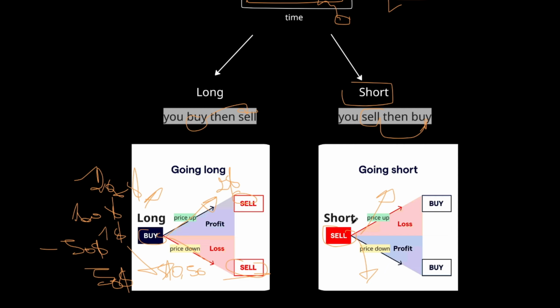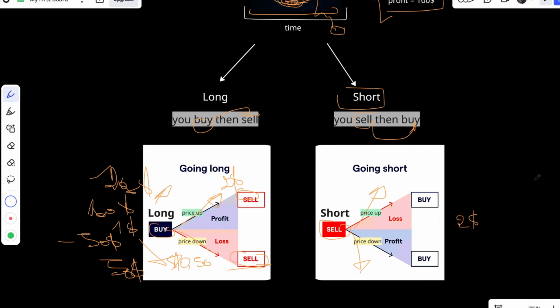Let's get an example. Say you are shorting at $2. If price goes up to 4, and if price goes down to 1, for example. Let's do 3 to simplify. If price goes down, you had $200 for 100 units, and now it's $100.